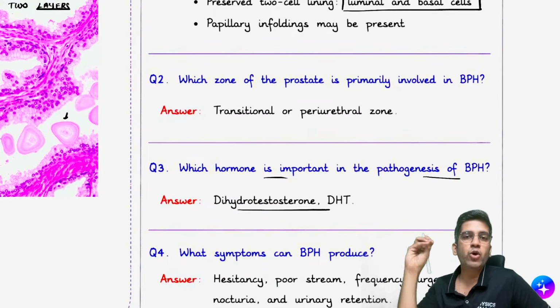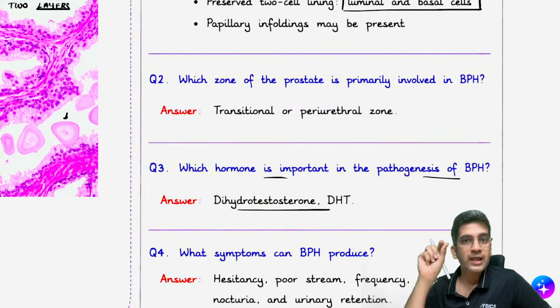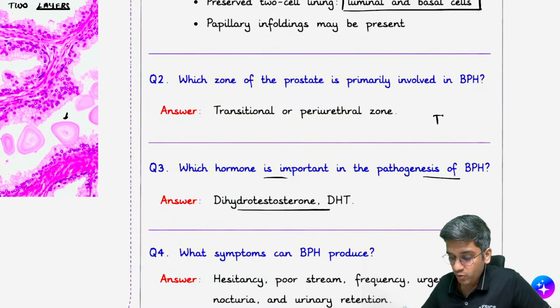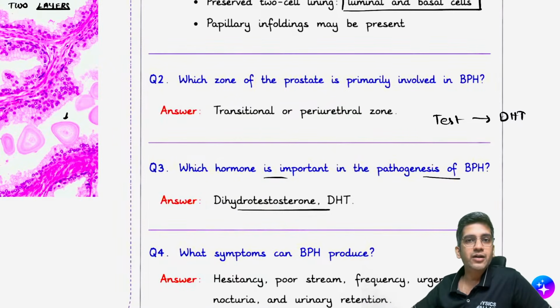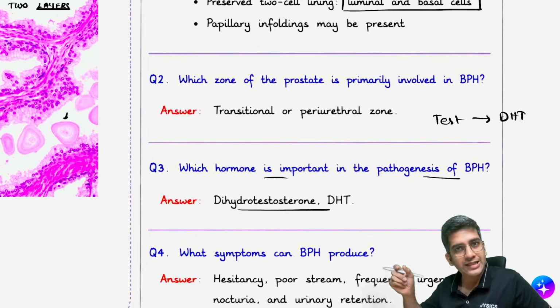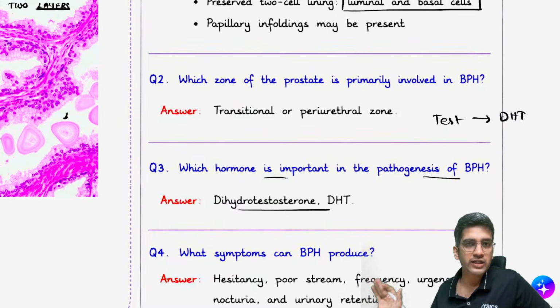DHT is the most important driver for the proliferation of the glands and stroma. So if I have a way to stop testosterone becoming DHT, there's a good way I can reduce or halt the growth of BPH. Testosterone becomes dihydrotestosterone and DHT is the most powerful stimulant.